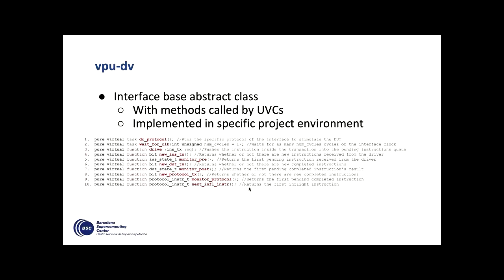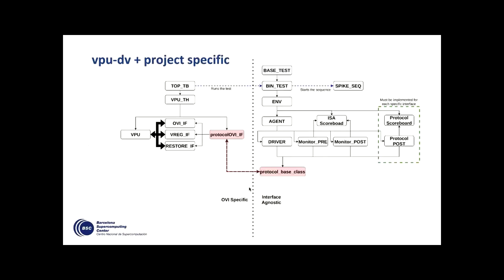And here we can see an example of how the base interface agnostic verification environment communicates with the project-specific one. This example is for OVI. The protocol OVI interface is the class that extends the protocol-based class of the VPUDB and implements the methods that I showed before. Driving instructions taken from the test binary through the OVI interface to the VPU.